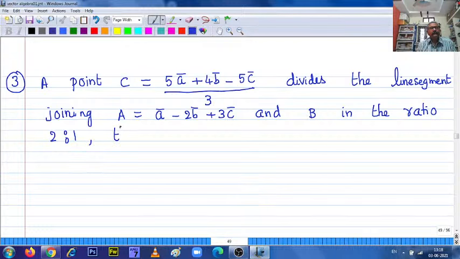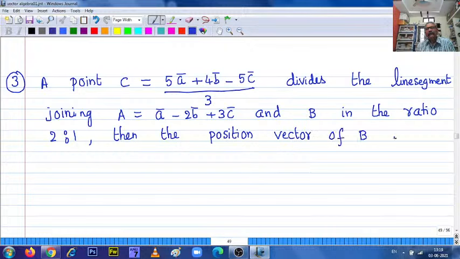Then the position vector of B is, this is the question, position vector of B is question mark.